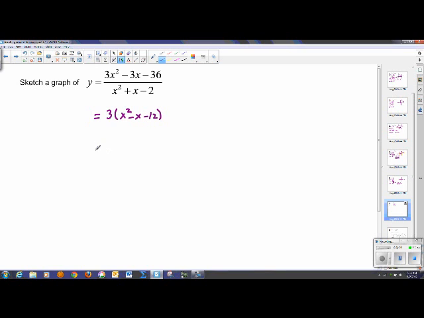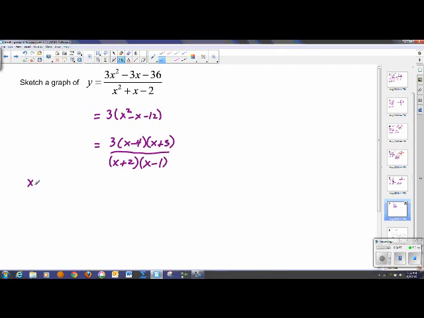And I know that factors, so I'm just going to keep going. So that's 3 times x minus 4, x plus 3, over x plus 2 and x minus 1. And this is where we're going to start from.